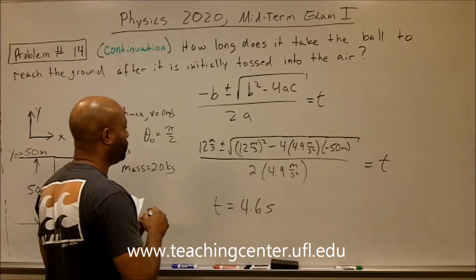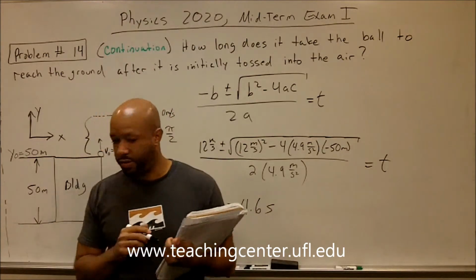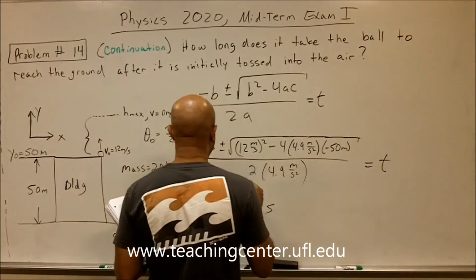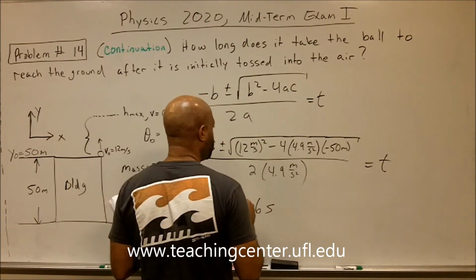You're actually going to get two values for t, right? So if I get my calculator out here, you're going to get a value for t that is positive, and you're going to get a value for t that is negative.